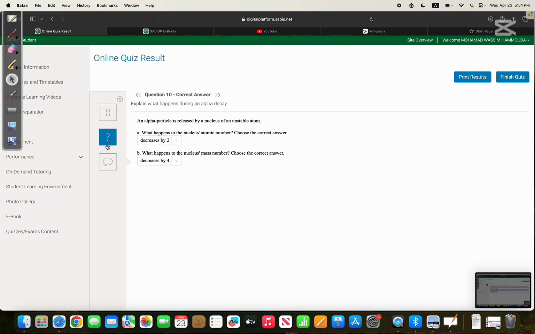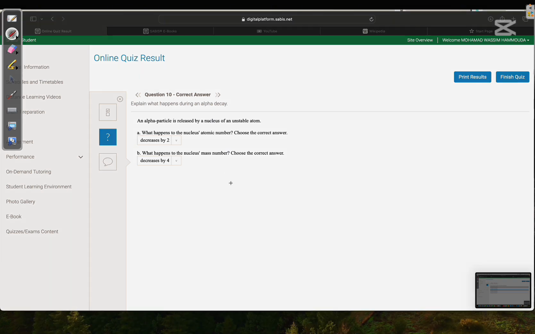An alpha particle is released by a nucleus of an unstable atom. Let's say we have carbon-14, which will give us the alpha particle.